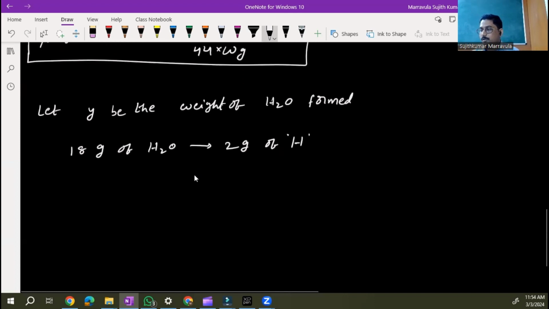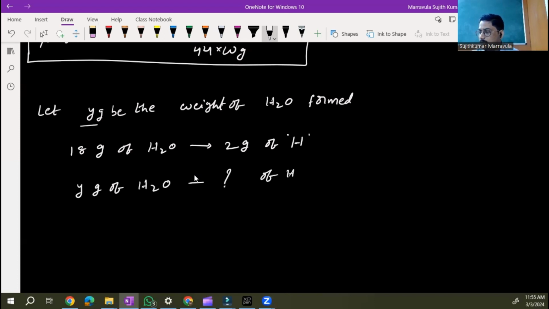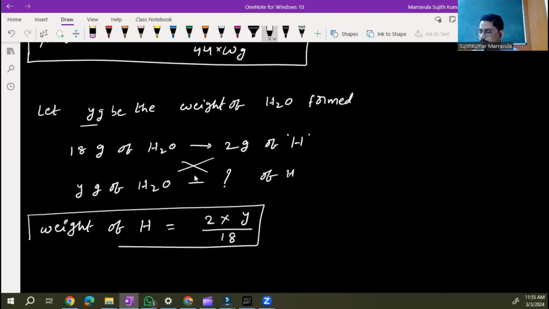But we have Y grams of water formed, so Y grams of H2O contains how many grams of hydrogen? By cross multiplication, the weight of hydrogen is 2 into Y, where Y is the weight of H2O formed, divided by 18. This is the weight of hydrogen formed.